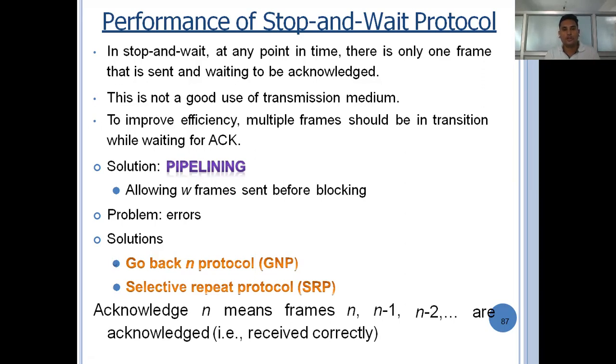The first is the go back N protocol, and the second is the selective repeat protocol. What happens in the go back N protocol and the selective repeat protocol is what we will discuss in this video.